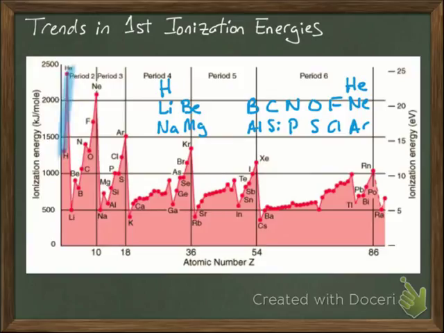So if we look from hydrogen to helium, right here, we see there's a big jump in the ionization energy. And similarly, from lithium to neon, we see a somewhat regular trend, an increase in the ionization energy. In other words, an increase in the energy required to remove an electron. And that, of course, follows for sodium through argon, the next period down the periodic table.